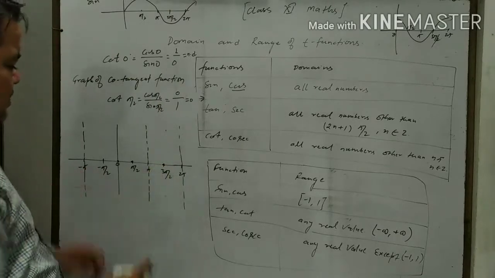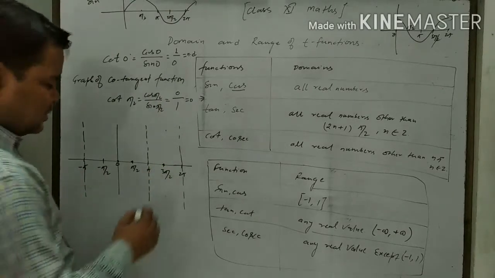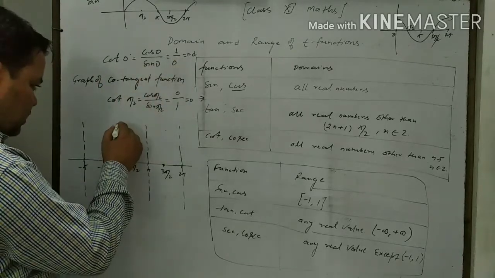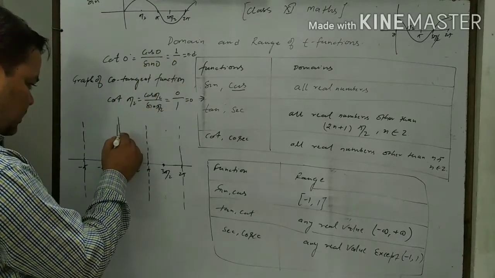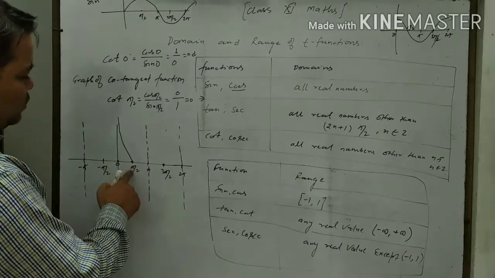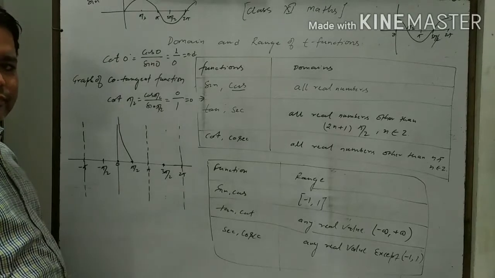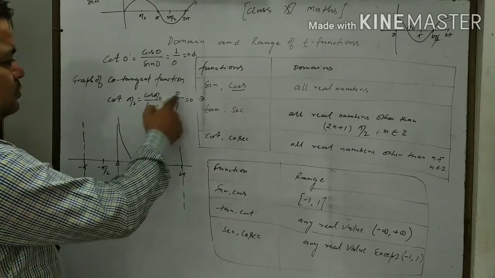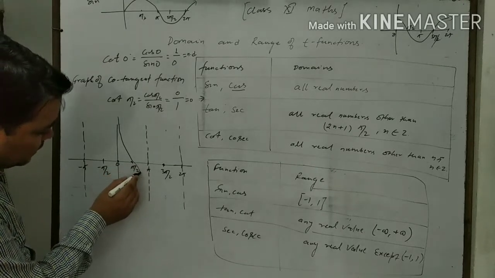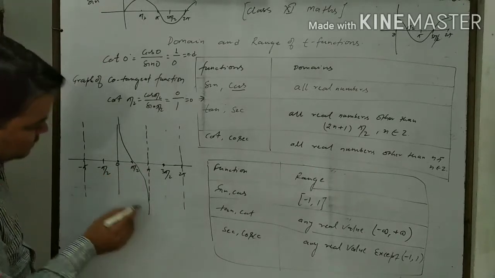On the basis of this, we can say the graph of the function will be like this way. At 0 it is not defined. Again, the value at pi by 2 will be 0, so cot pi by 2 value will be 0. And then it will be like this, not defined.